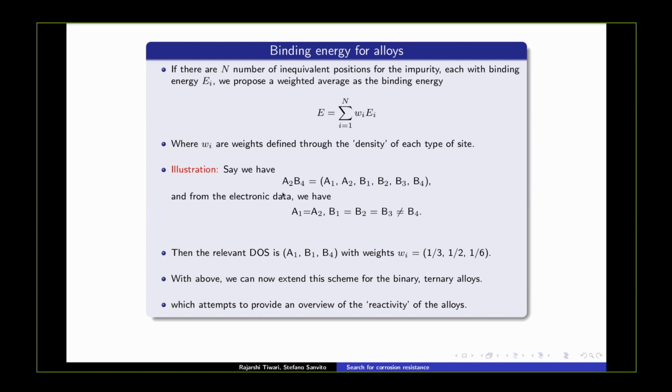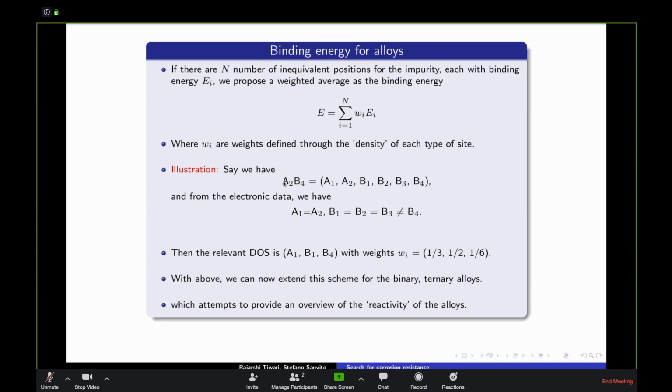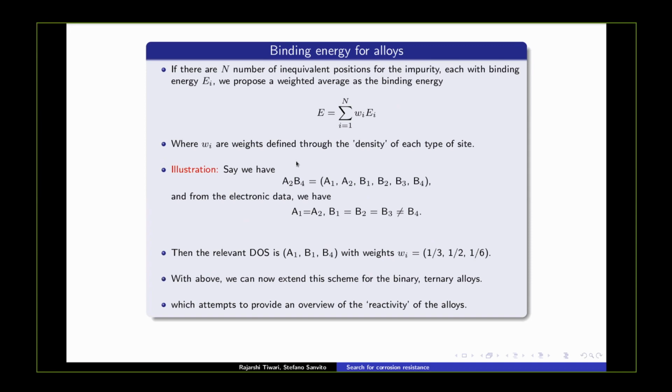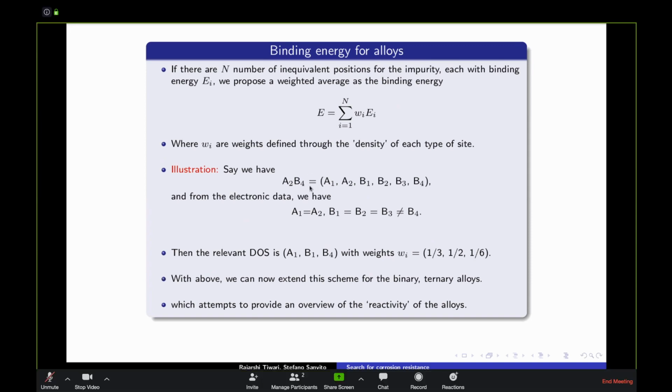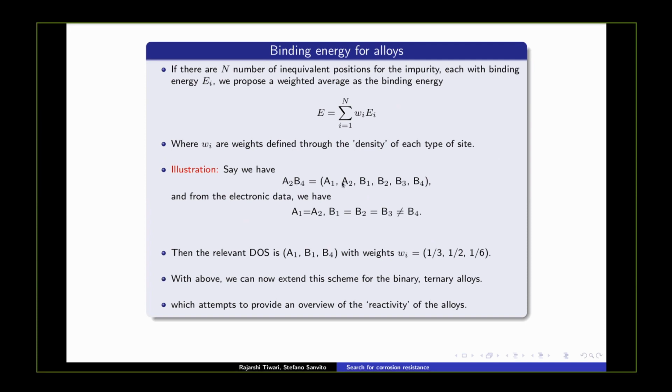Suppose we have a binary compound A2B4, in which we have an overall atom-resolved density of states for A and B, but we also have the atom-resolved density of states of each inequivalent atom. There are 6 atoms in the unit cell, which we label A1, A2, B1, B2, B3, B4.